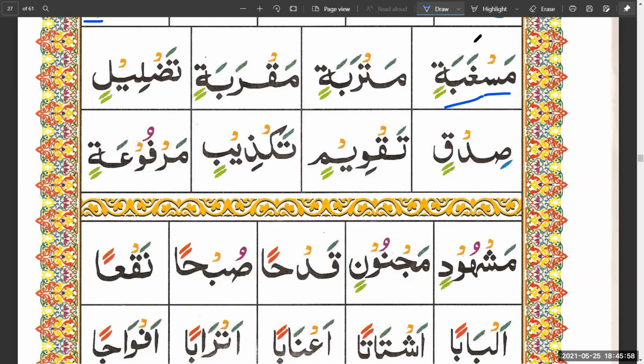So connecting this whole word, we have masghabatin, masghabatin.